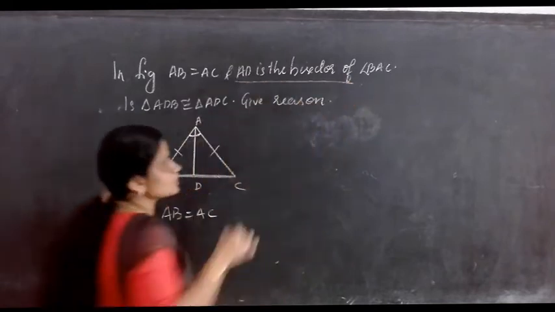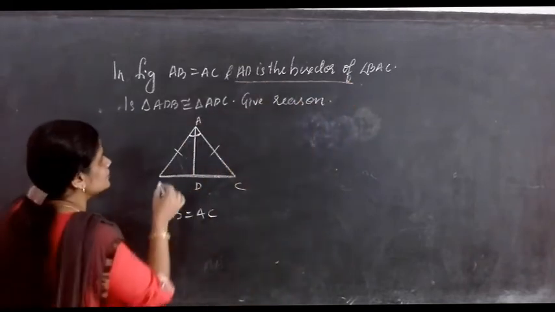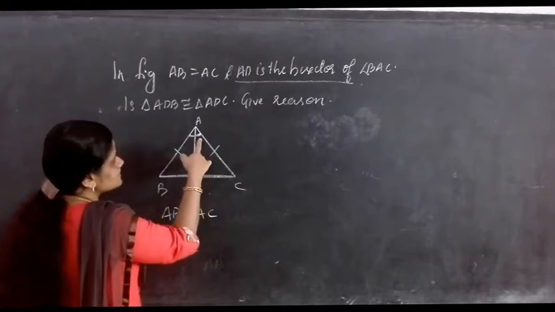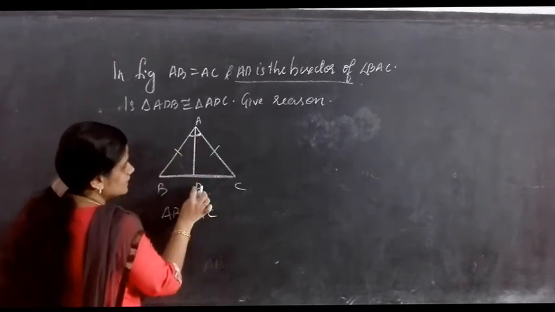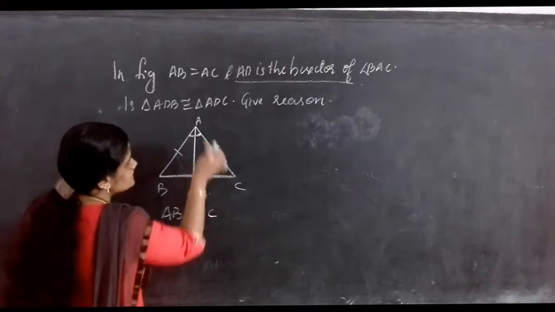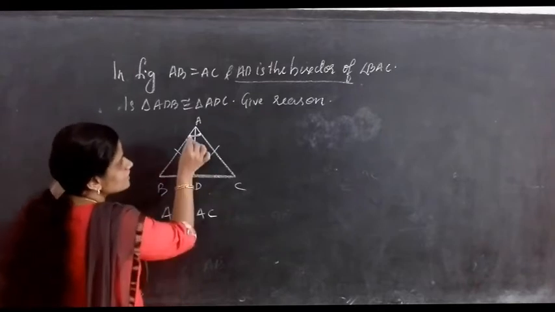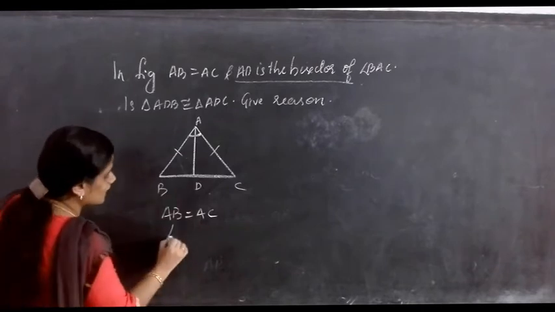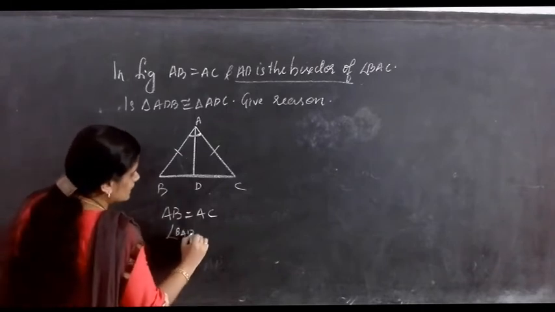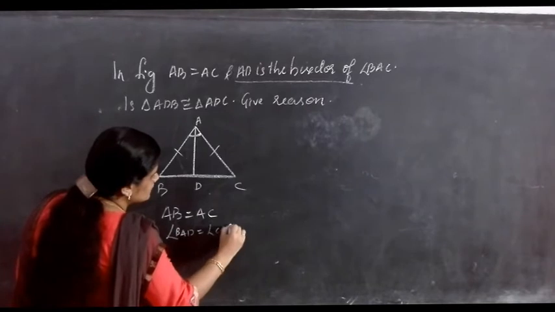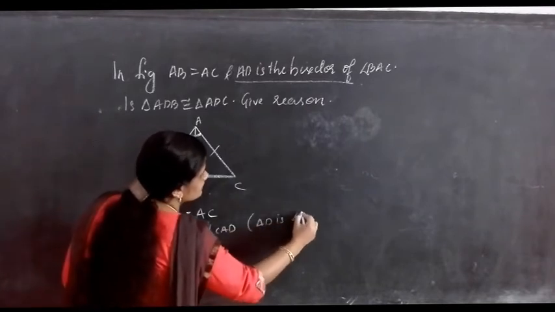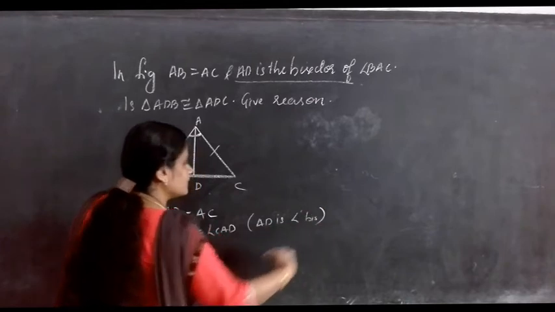AD is the bisector of angle BAC, which means this angle is divided equally, which means can we tell angle BAD is equal to angle CAD? Yes, because this is the bisector which divides equally. So we can write angle BAD is equal to angle CAD. Reason: AD is the angle bisector.